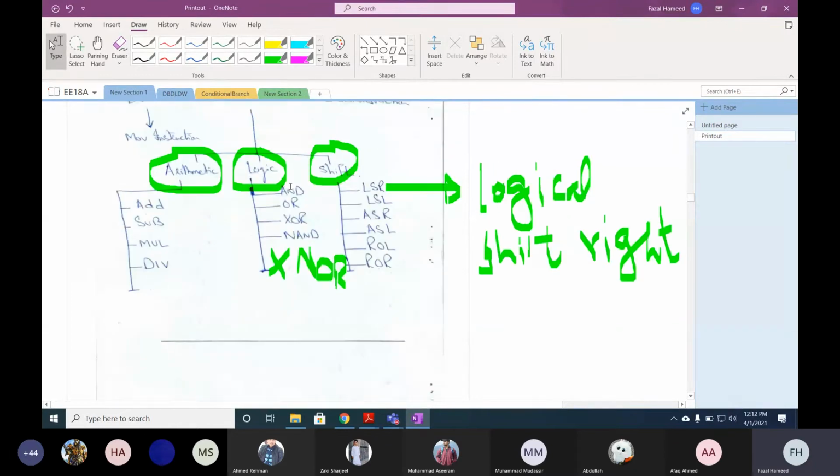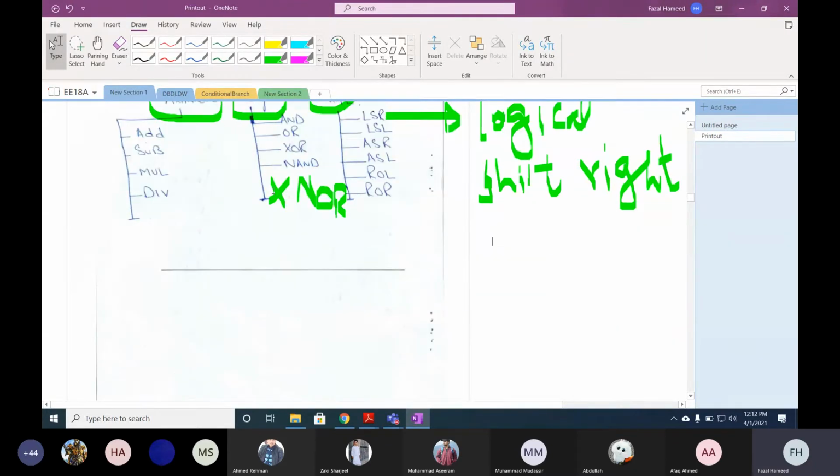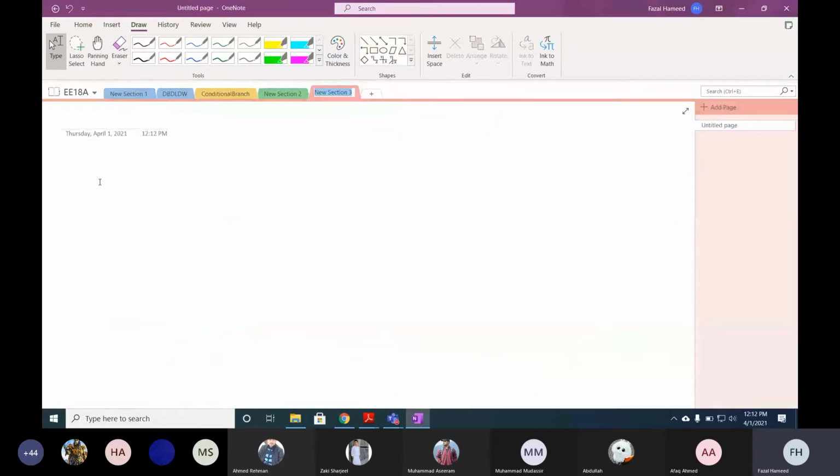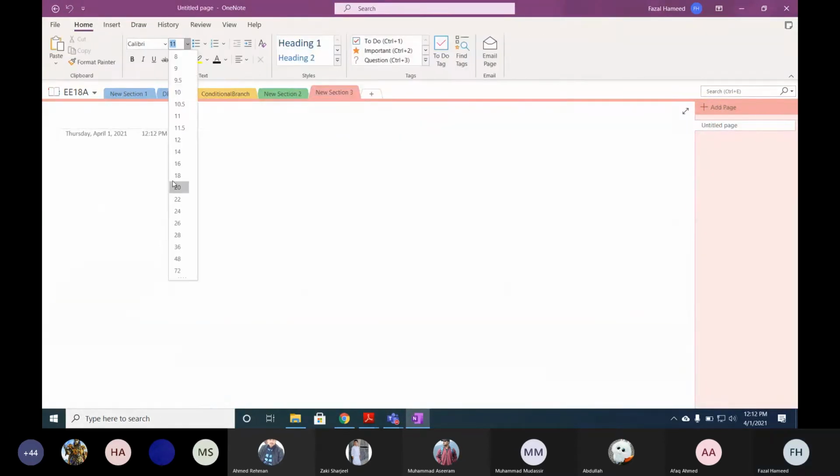A logical AND is very simple. If you want to perform a logical AND operation, we have two operands. Let's assume we are using R3 and R2.